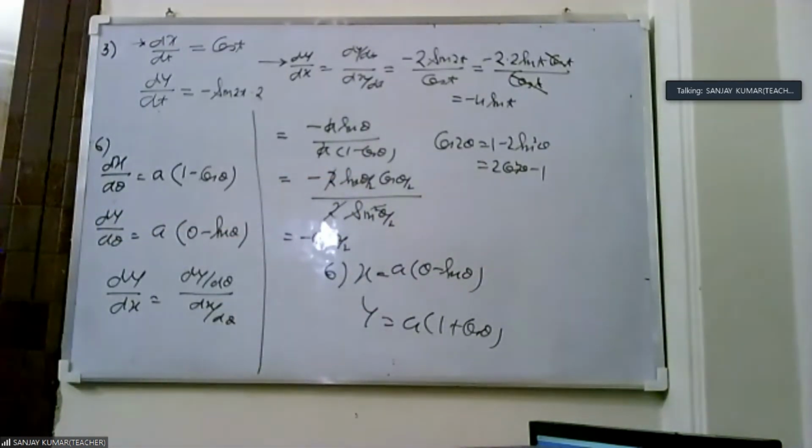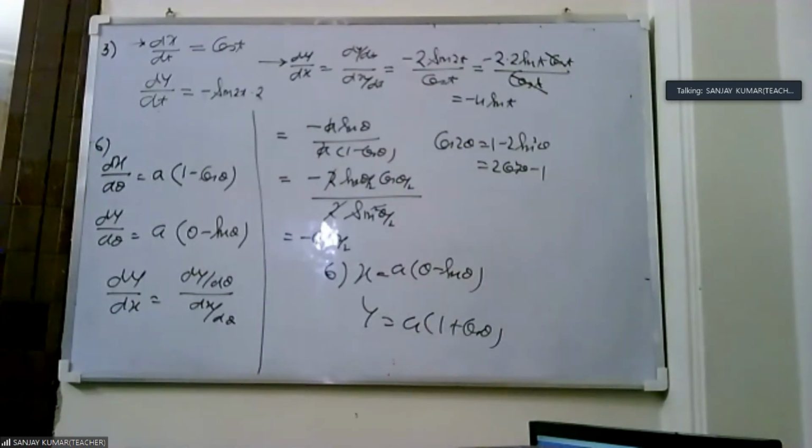Okay, again see, this is dx by d theta, that is a into 1 minus cos theta. We are using 1 minus cos theta, then a simple answer. This is 1 minus cos theta, that is sin theta again. Okay, dy by d theta is simply 1 plus cos theta.